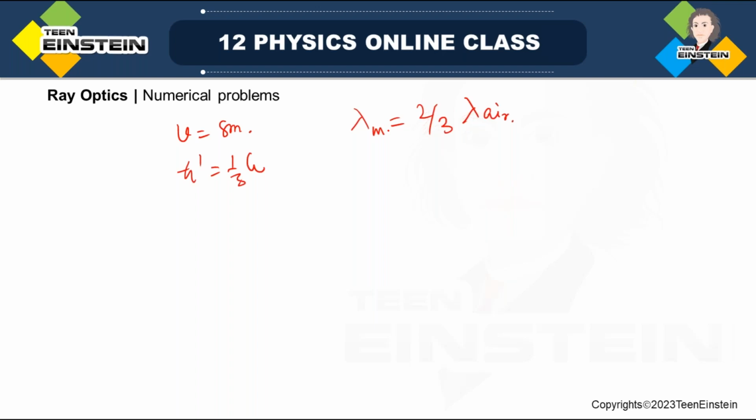You have to find out, see, this is H prime, right? So that means magnification m is v by u.